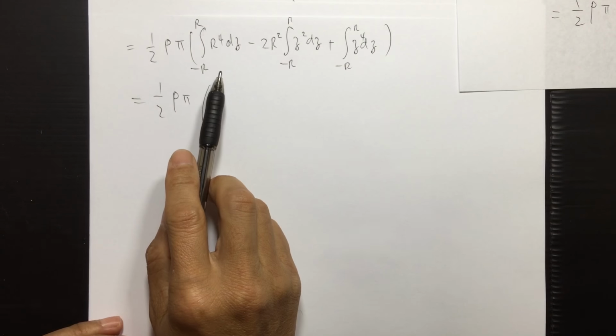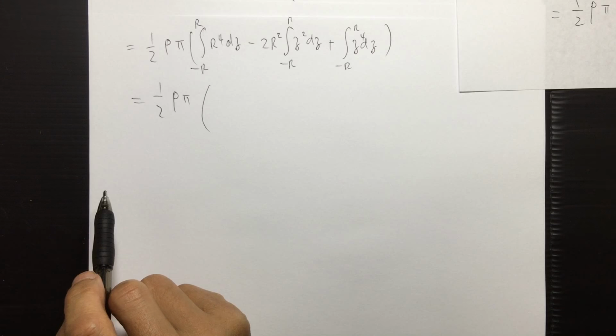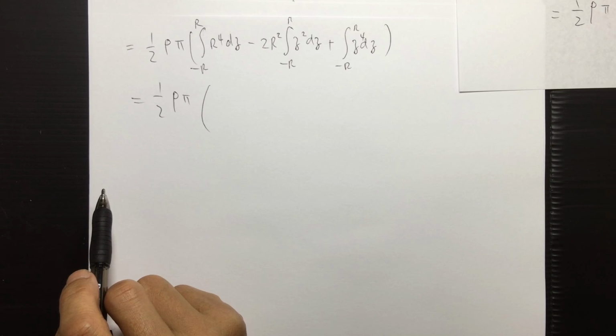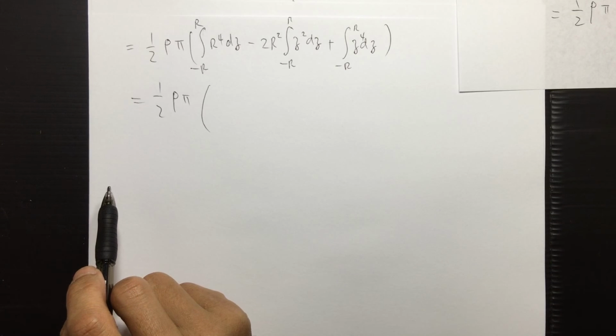What's this one? R to the power of 5 divided by... Wait, hold up. It's 0. How do you get it to 0? Because R to the power of 5 divided by 5, and if you put in R and negative R, then it'll be R to the power of 5 divided by 5 minus R to the power of 5 divided by 5.